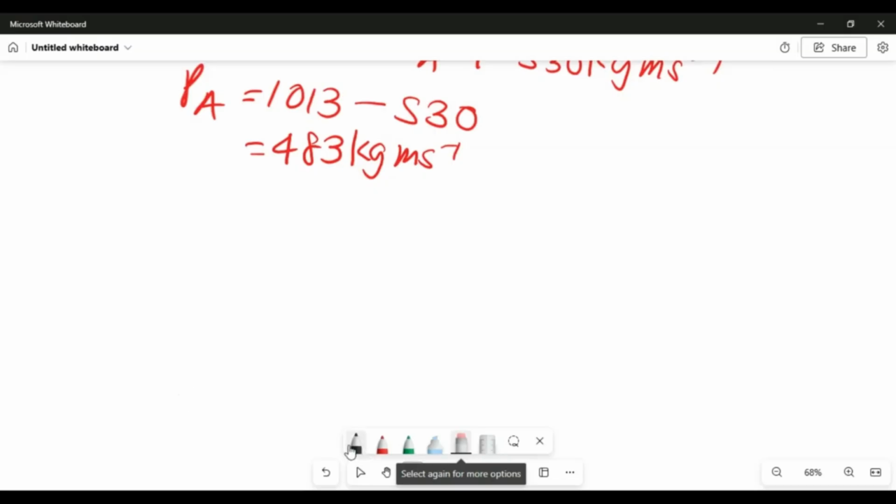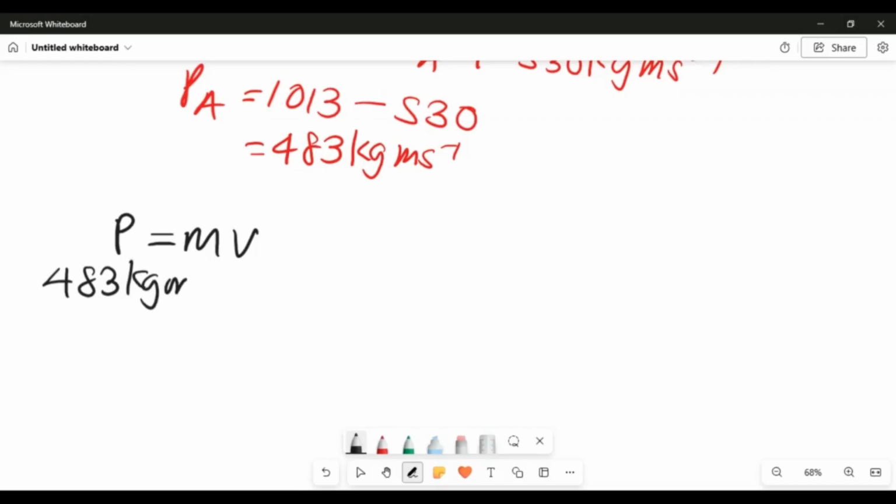So finally we have to find the final velocity of the object A. So we shall apply the equation P equals mv there. P is the momentum, m is the mass, and v is the velocity. So the final momentum is 483 kilogram meter per second.